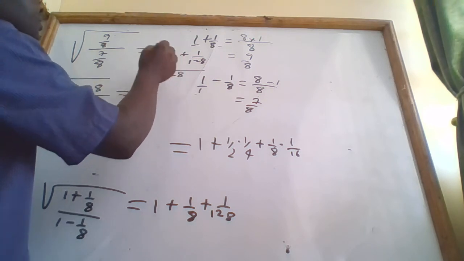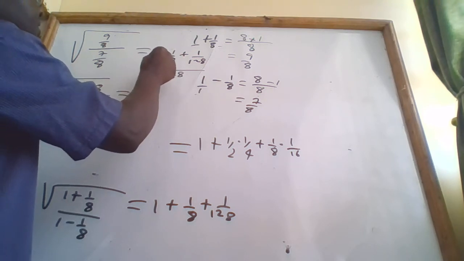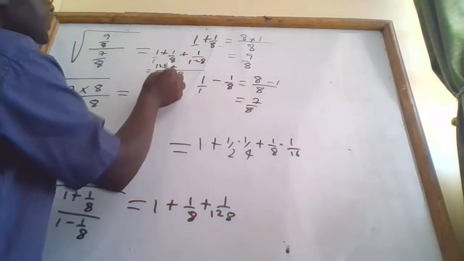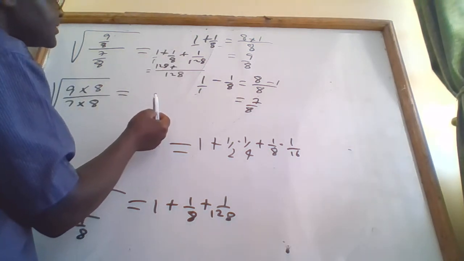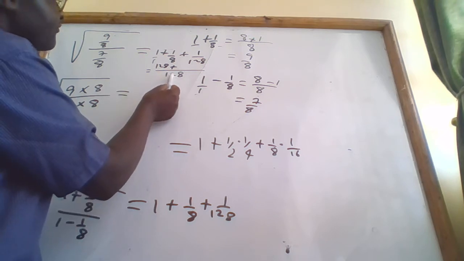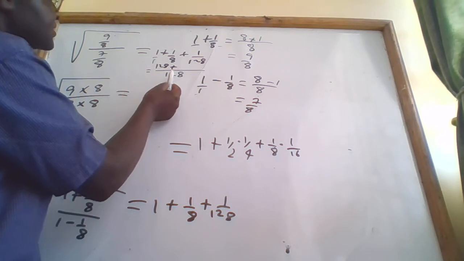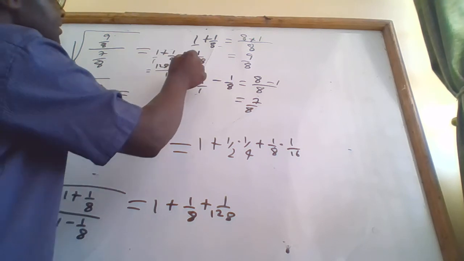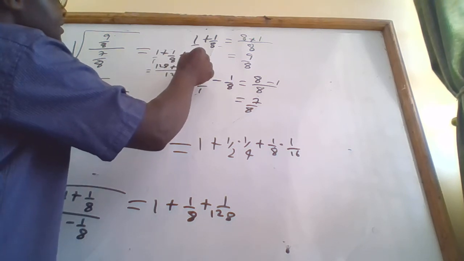This is 1 into 128, 128 plus 8 into 128, how many times? 16, 16 times 1, you have 16 plus 1.